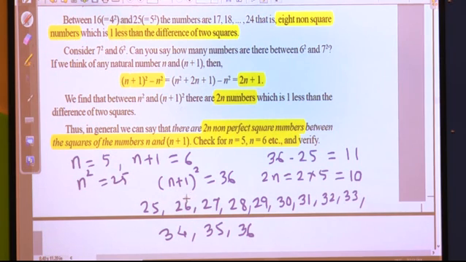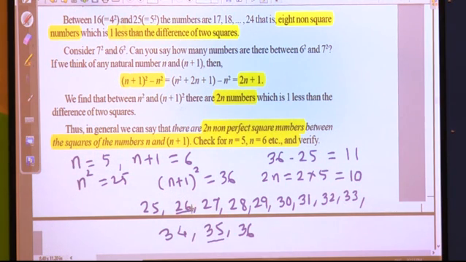These are the non-perfect square numbers. Let us count, they should become 10. 1, 2, 3, 4, 5, 6, 7, 8, 9, 10. This is the 10th value. We started the counting from 26.